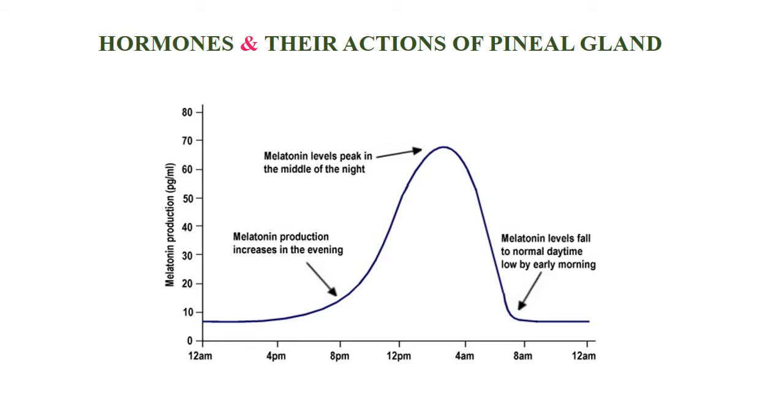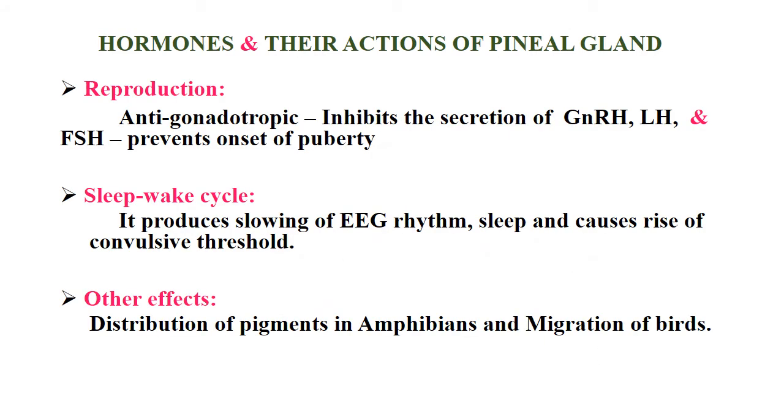Its secretion will decline. Melatonin plays a major role in reproduction, acting as an anti-gonadotrophic factor, that is, it inhibits the secretion of gonadotrophin releasing hormone as well as the secretion of luteinizing hormone and follicle stimulating hormone from the anterior pituitary, and thus prevents the onset of puberty before the appropriate age.